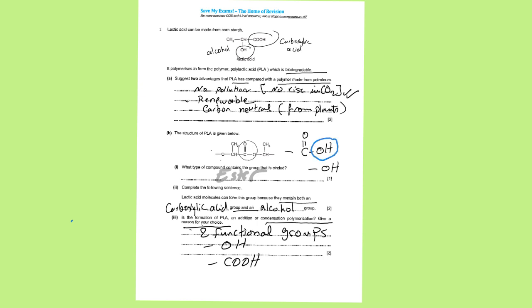We remove the OH from the acid part and the H from the alcohol part. So we will have COO, CO and O. So how is this bond formed? By condensation. We take the OH from the acid, and we take H from the alcohol.